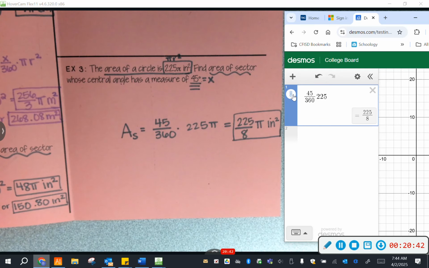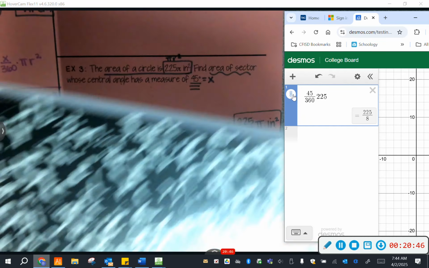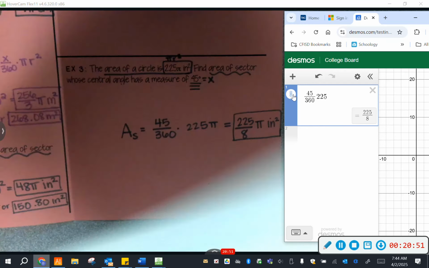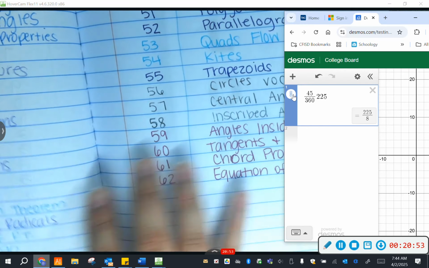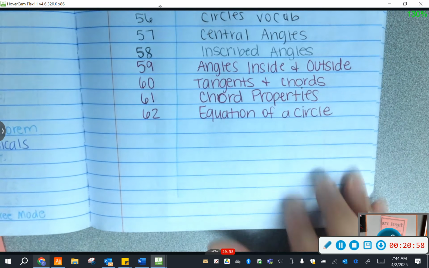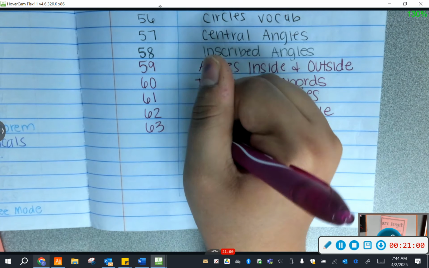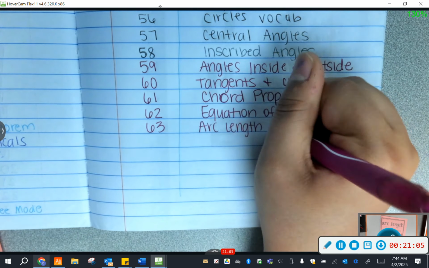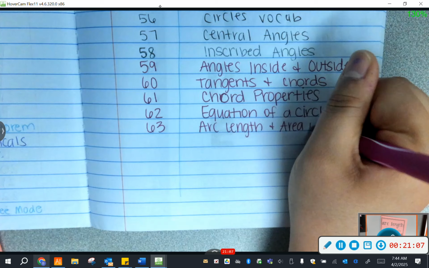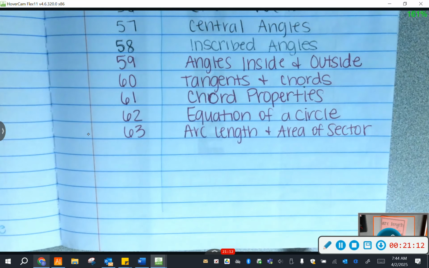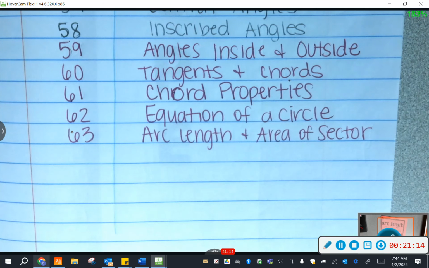All right. If you can please get your notebook, we are going to glue this into page 63. Arc, length, and area of a sector. Glue that in, please.